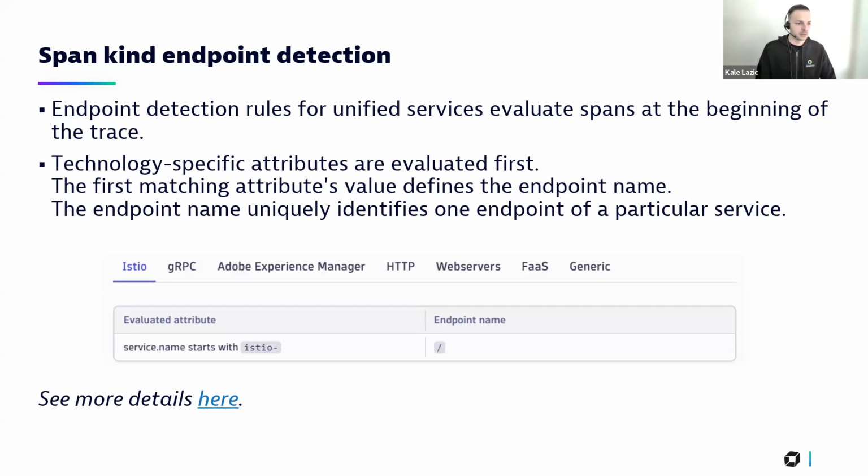So we can see here, for example, Istio. If the service name starts with istio-, then the endpoint name is a simple /. And for the other aspects like gRPC and so on, there is some other logic that is applied for the endpoint detection. And that's basically it about application observability.